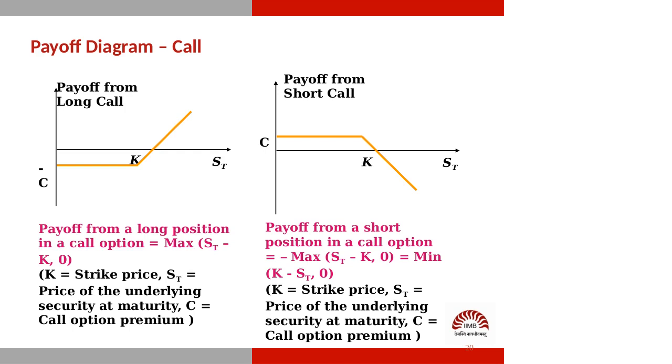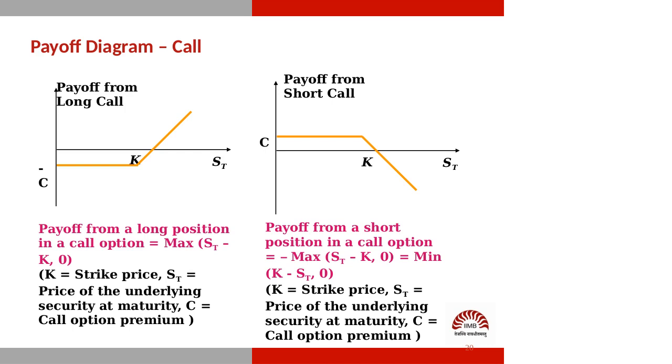And that brings us to another definition. If by exercise of the contract I am going to make money, it is called an in the money option. If by exercise of the option I will not make money, I will lose, it is called OTM, or out of the money option.